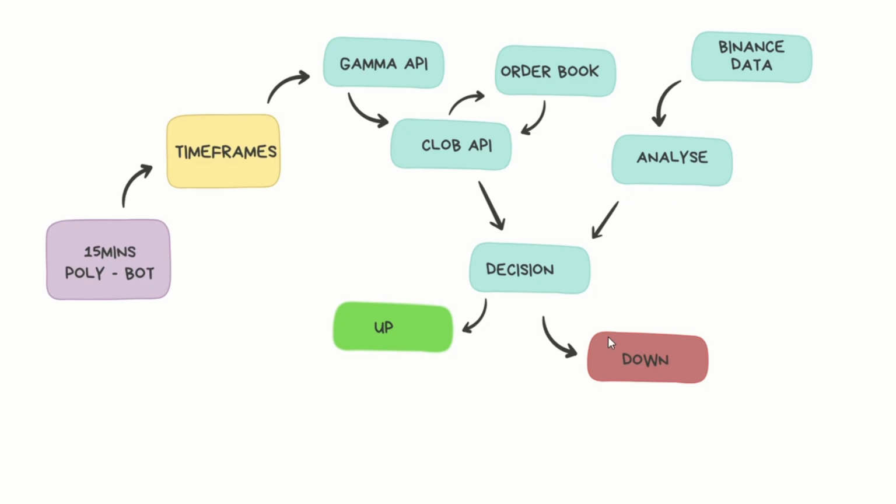So you can either buy up or down, but this is purely my own analysis, but you need to be sure of what you are doing before you execute that.